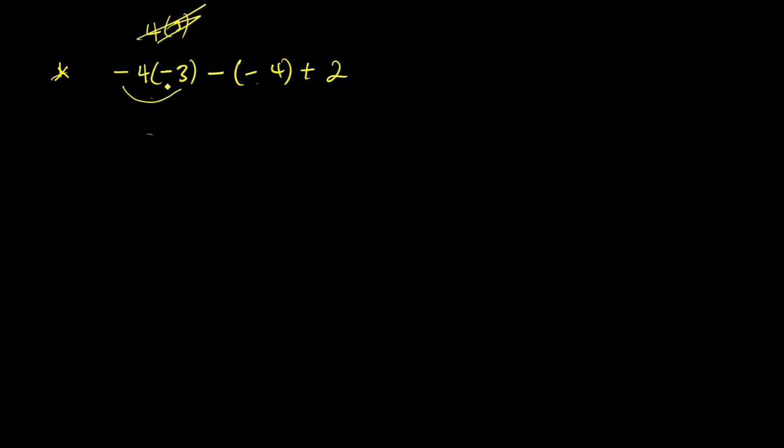The 4 is multiplying 3, and remember negative times negative is positive, so this one will be 12. So minus will be plus, so 4 plus 2. So we have 12 plus 4 plus 2, so we have 6, that is 18. Okay, the answer is 18.